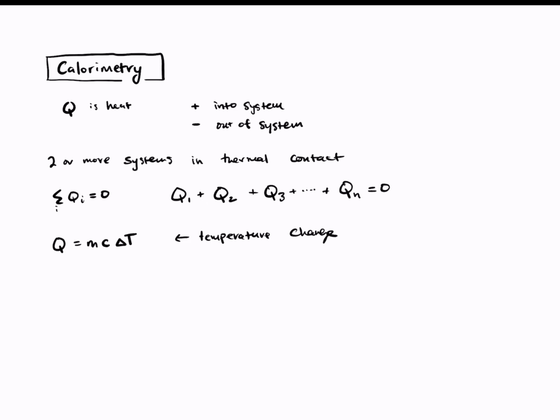So in a liquid, in a solid, or in a gas. And then you have this other Q, which is plus or minus mL, where L is the latent heat. And this is for phase change. And so then you really just have to use these two equations, and you plug them into this equation.